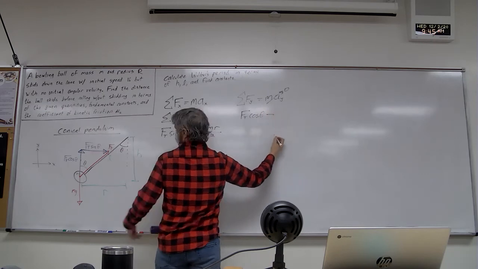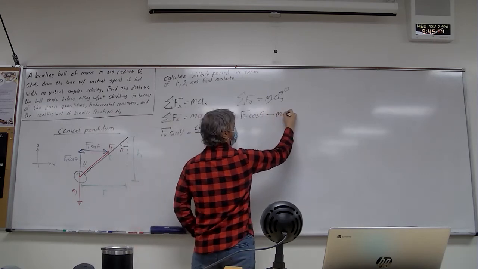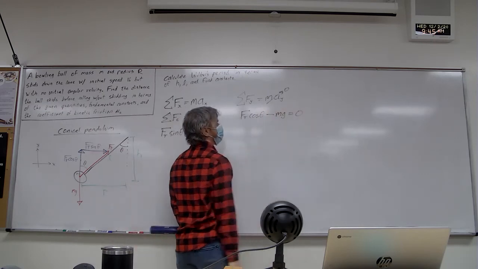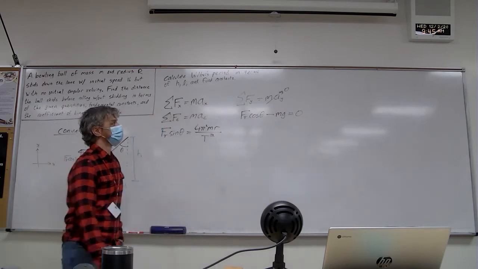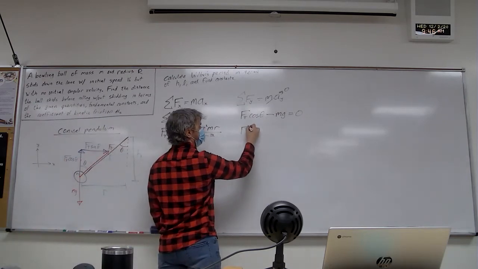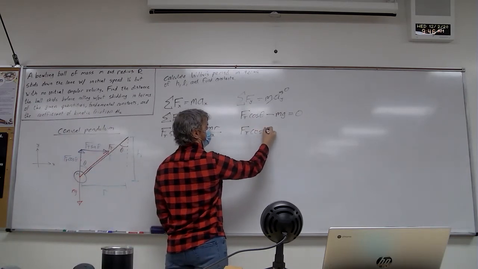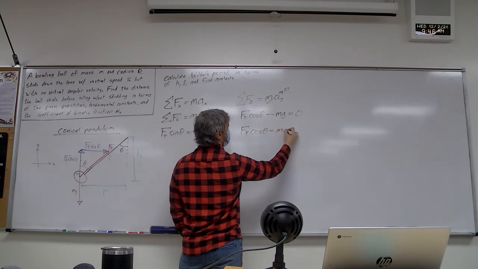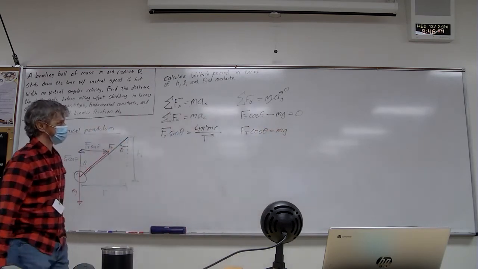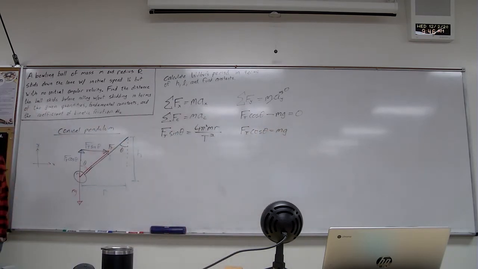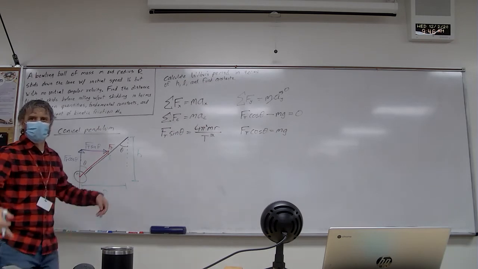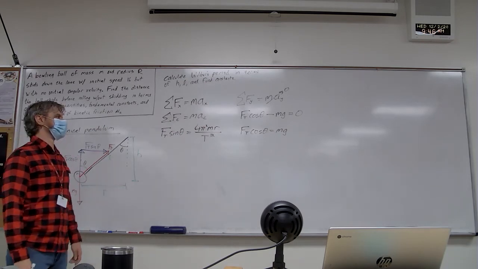I have a negative weight force. Those added together must be 0. Add mg to both sides, and I get that the tension force times the cosine of the angle equals the weight force mg. So I got 2 equations. As Mr. P likes to say, you can put those equations in your equation holsters, because he's funny.